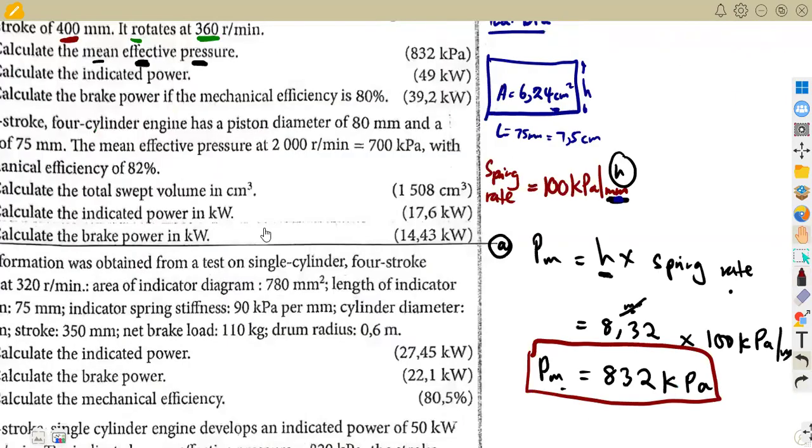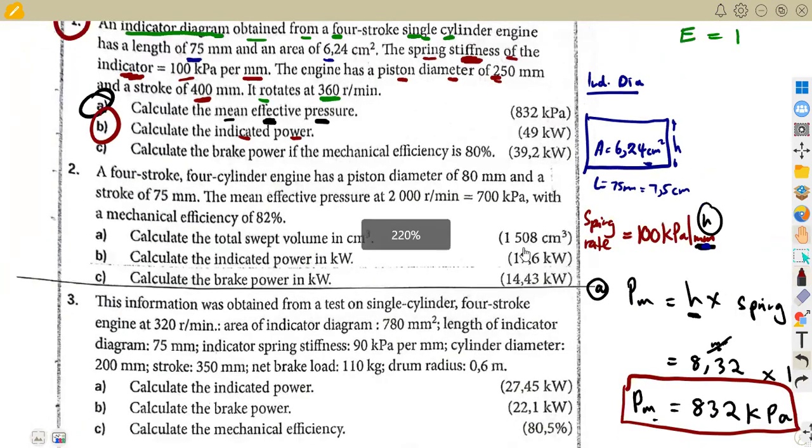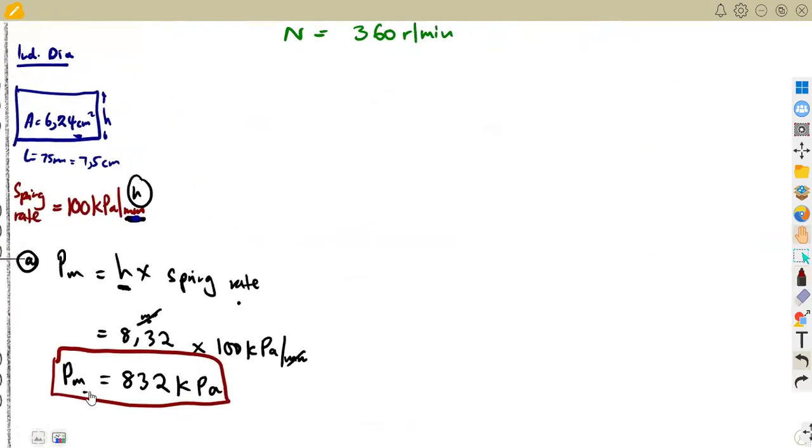What am I trying to say? If we check the question that follows, they need us to calculate the indicated power. Remember, this is the indicated mean pressure. And if we have the indicated mean pressure, which formula are we supposed to think of? The PLAN formula.